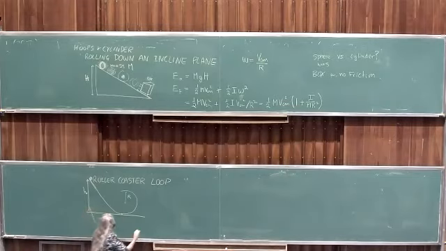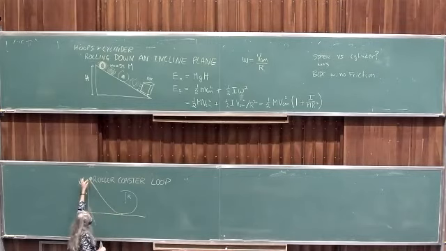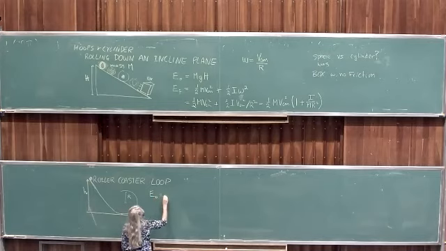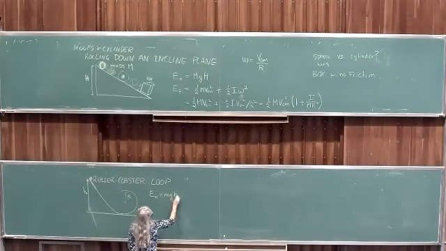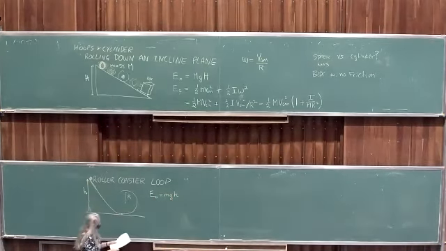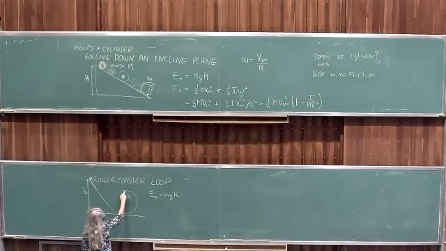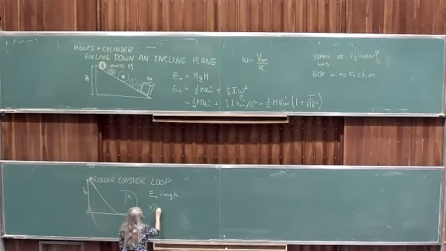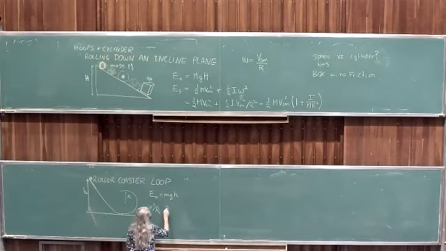So the energy that you start this from rest, we still have the same initial energy, mgh. So that's just the potential energy. The condition for it to not fall off or to make it over the top of the loop is that v squared over R, which is the centripetal acceleration, has to be greater than g.